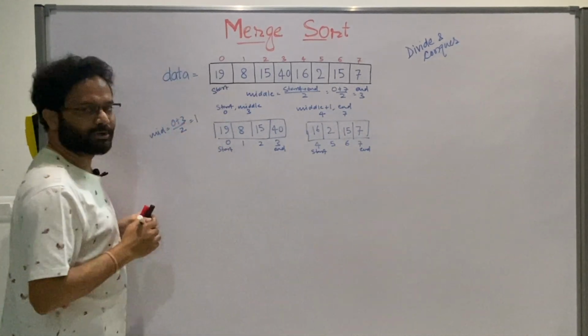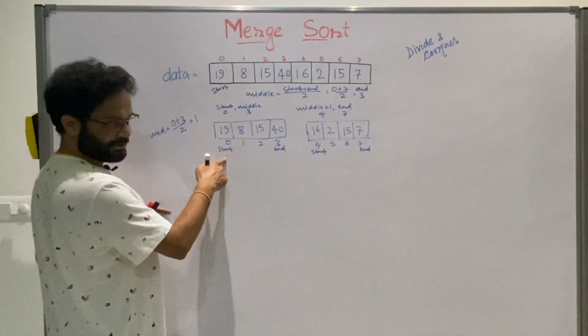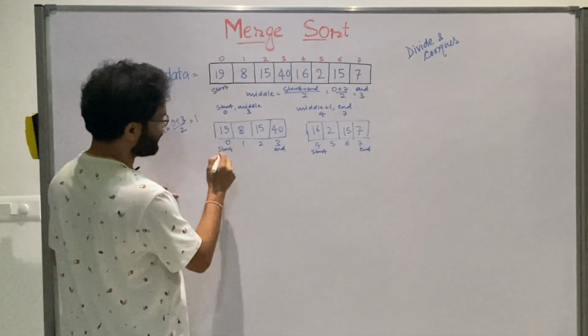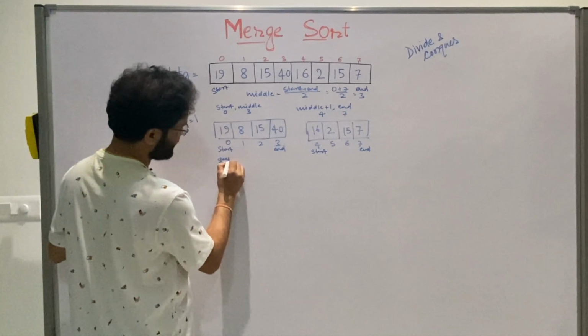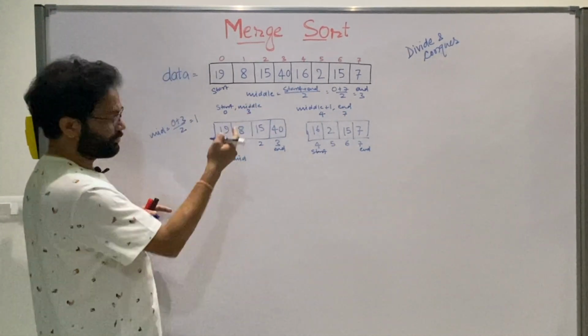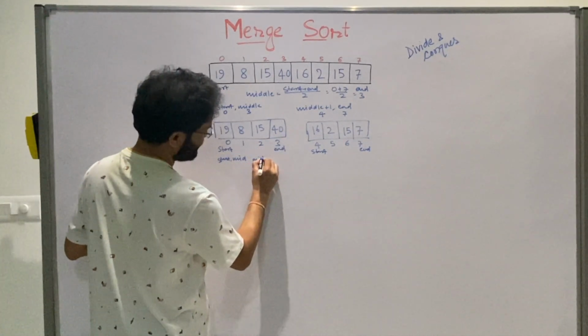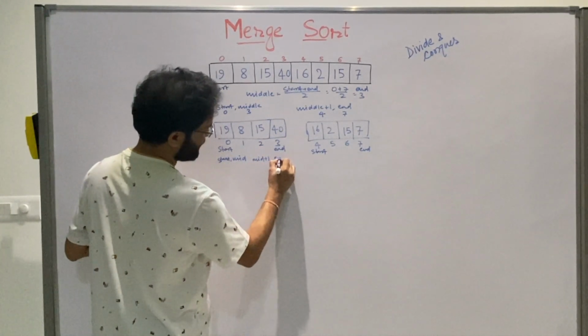It is coming to 1.5, integer is 1. So this array goes from start to mid. I am just saying mid means the middle. And for this part, mid plus 1 to the end.